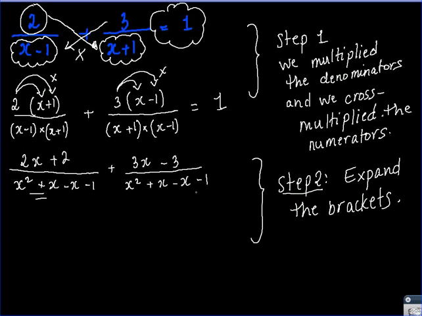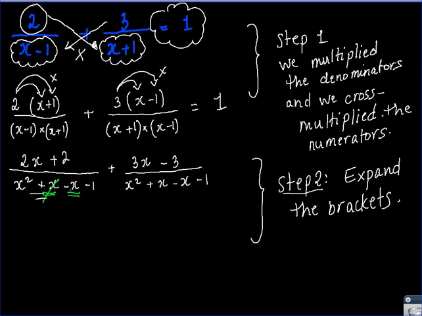Once you've expanded the brackets, you need to simplify your numerators and your denominators by collecting like terms. Let's take a new color. Here I've got plus x and minus x, so that's going to cancel out, because if you've got plus of something and then you take away that something, you're left with nothing.